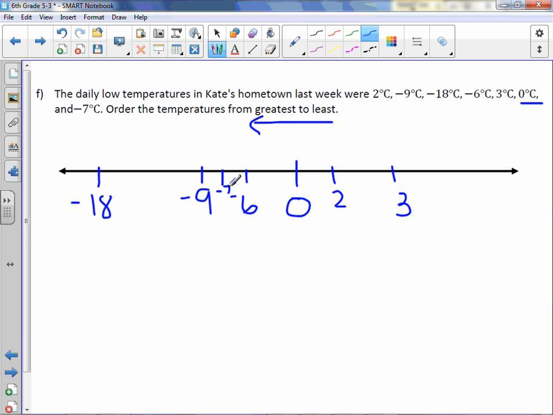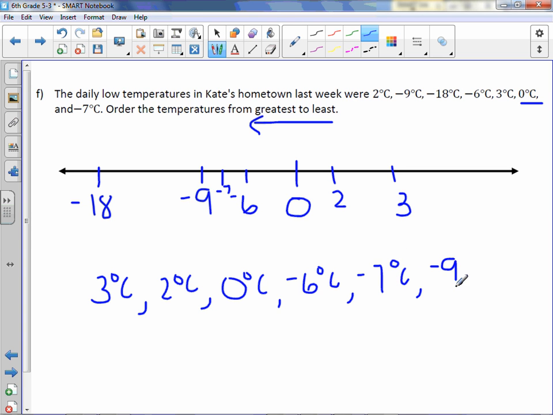Greatest to least: 3 degrees Celsius, 2 degrees Celsius, 0 degrees Celsius, negative 6 degrees Celsius, negative 7 degrees Celsius, negative 9 degrees Celsius, and negative 18 degrees Celsius.